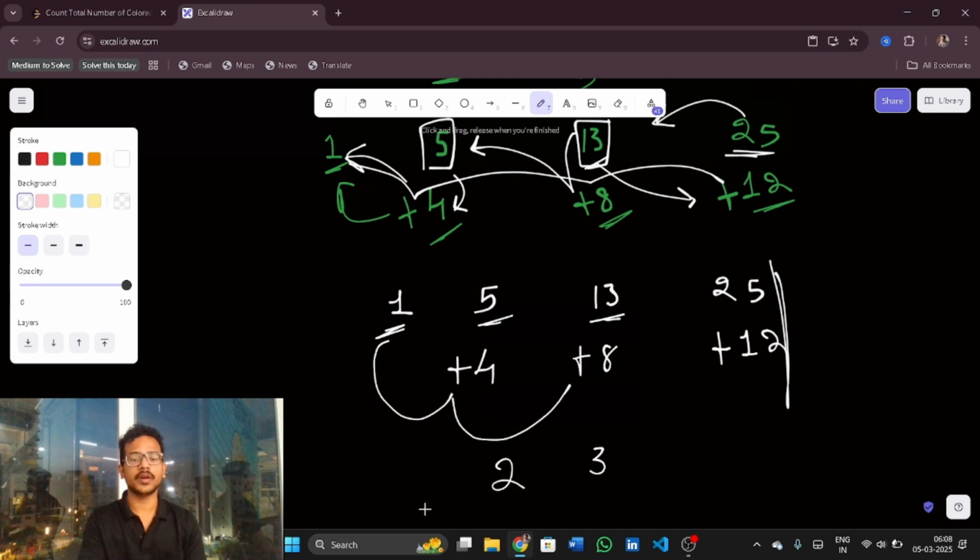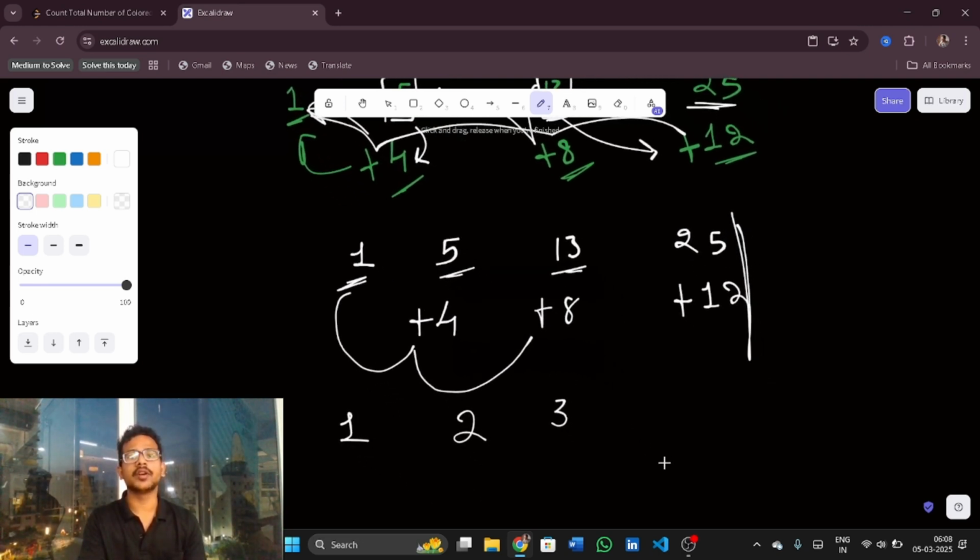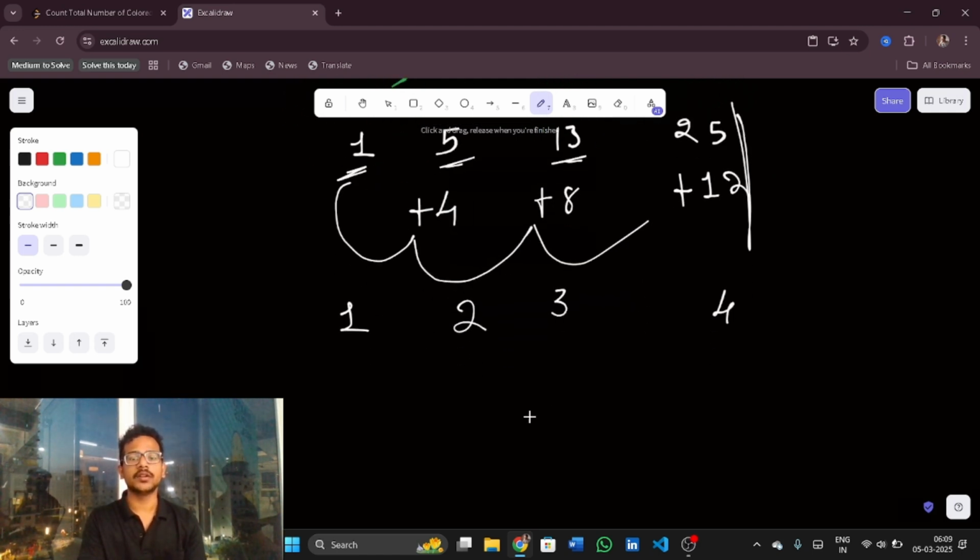So for 2, I add 4 one time. For 3, I add 4 two times. And then for 4, the number n, I would add 1 plus 4 plus 8, then 12. So for n is equal to 4, I have added 1 plus 4 plus 8 plus 12.